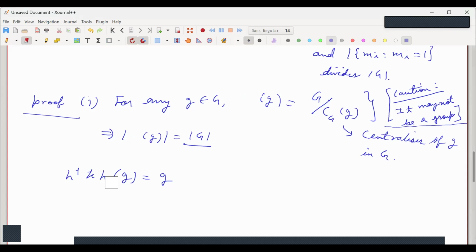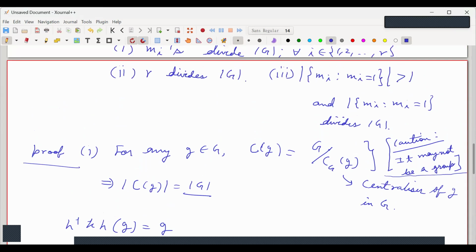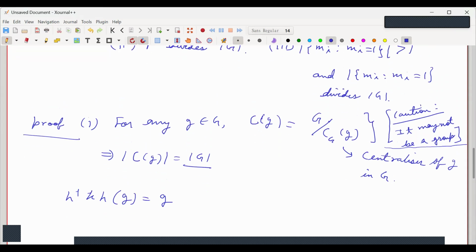I think I should just note it by C of C. So you got my point? Yes, sir. So the conjugacy class of an element is a group if and only if the conjugacy class is trivial. In all other cases, the conjugacy class does not contain the identity element, and thus it will not be a group. That implies that the subgroup with which you are factoring is not a normal subgroup.